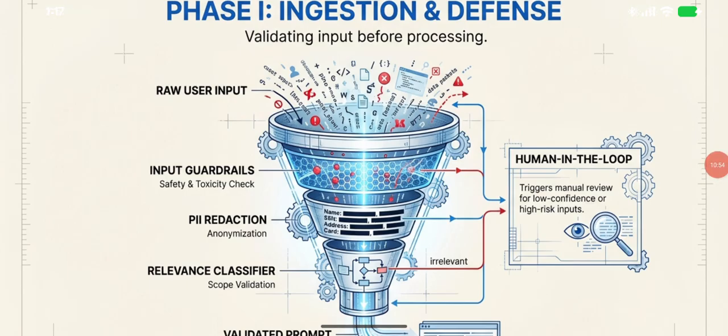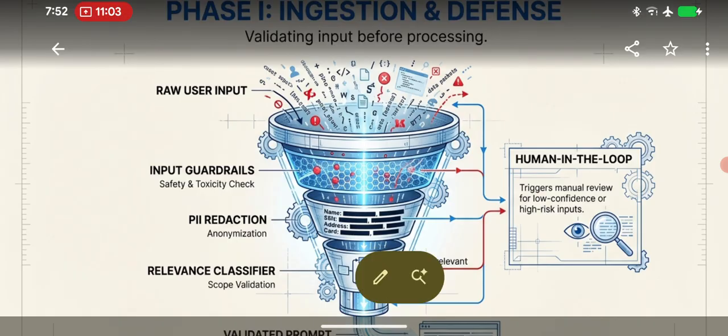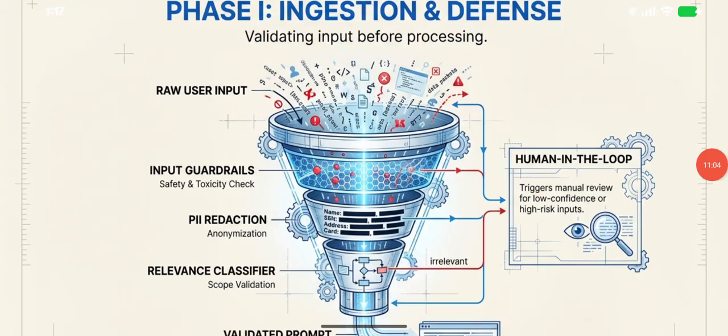Like any agentic solution, the first part is getting the input, then filtering the input through the guardrails, then checking whether it has any personal information which needs to be safeguarded, then doing the scope validation, and if required having a human in the loop.